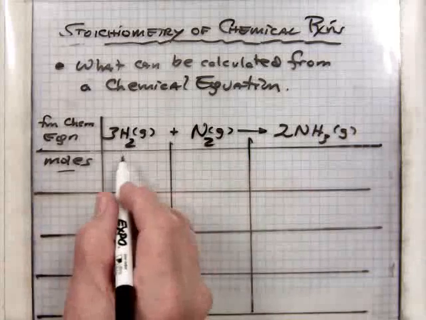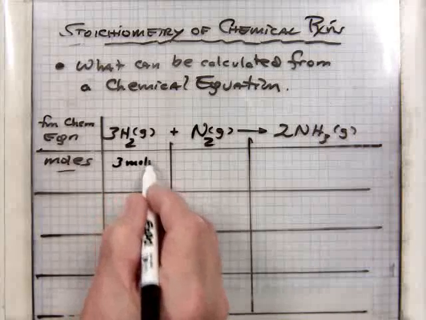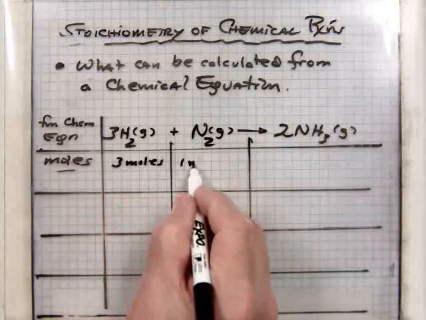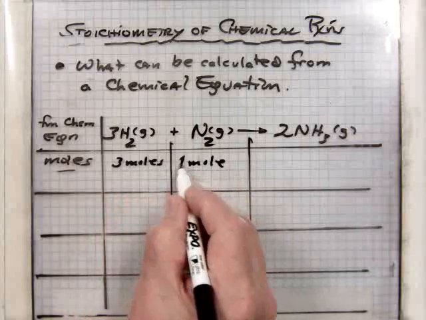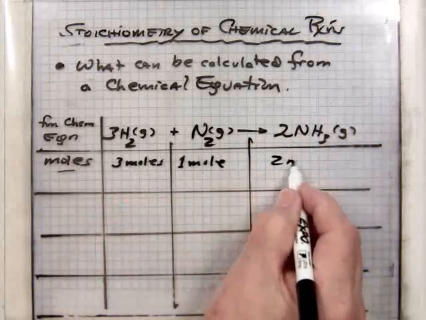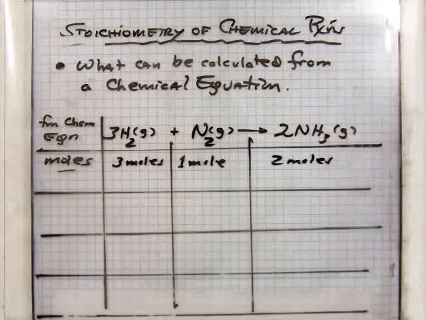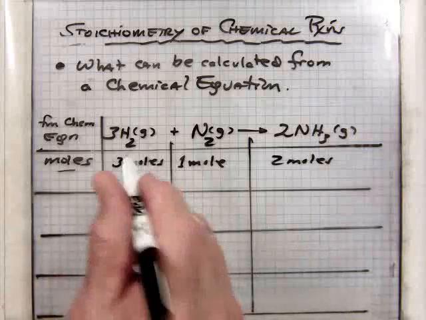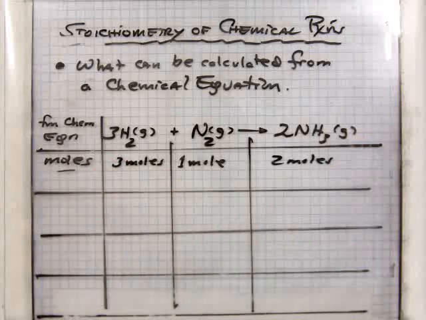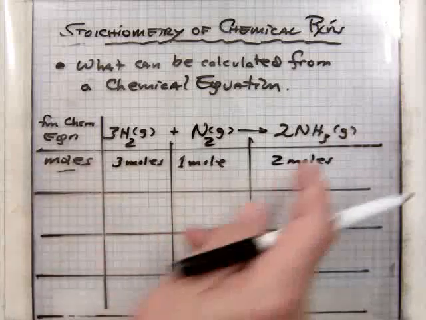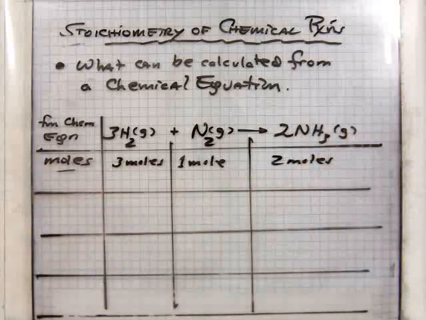So we have 3 moles, 1 mole, and 2 moles. Now, the coefficients in this equation have been reduced to the smallest whole number ratio. When that case exists, then that equation, as written in the molecular form, is called the standard equation.